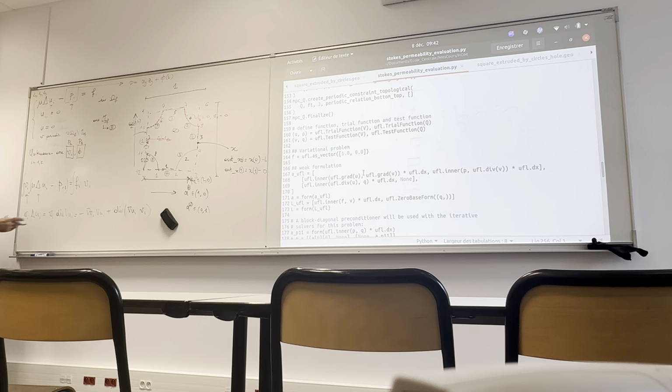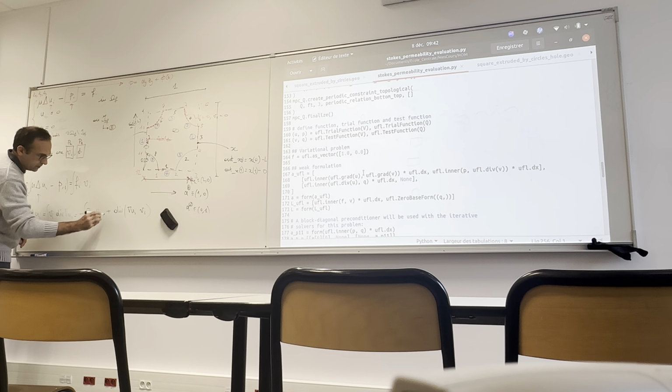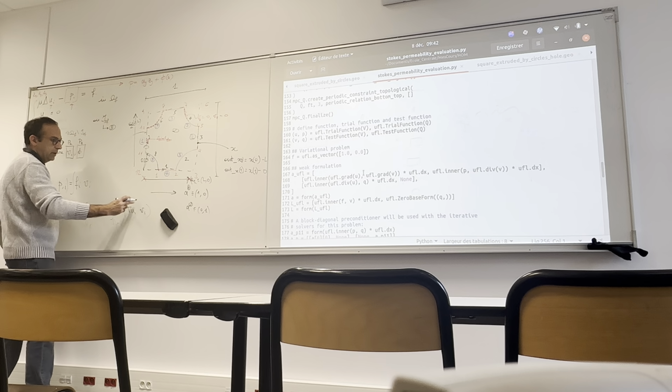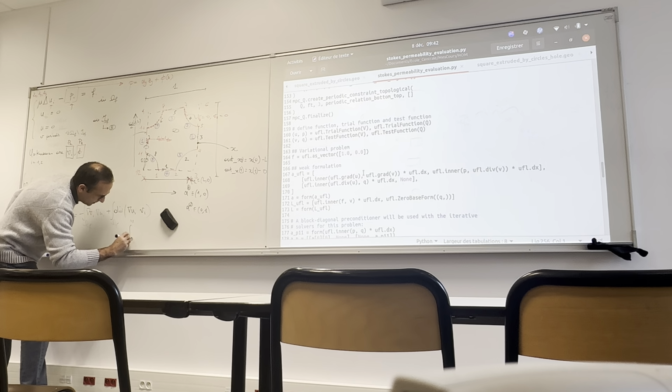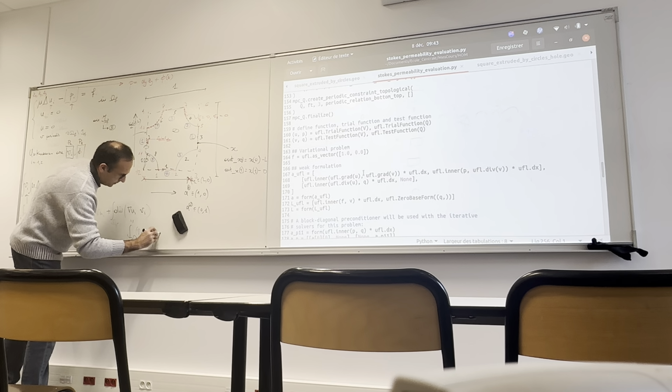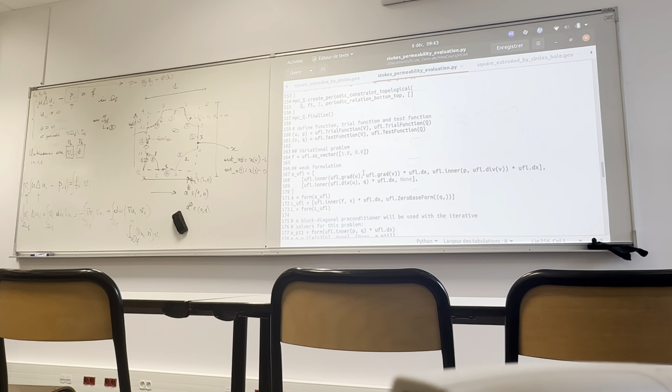And so when you consider the integral of this over the domain omega f, this part goes to the boundary of omega f, of the gradient of u_i dot n times v_i, where u is the unknown and v is the test function.